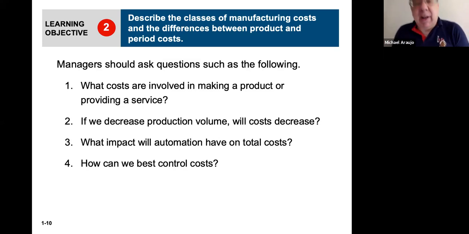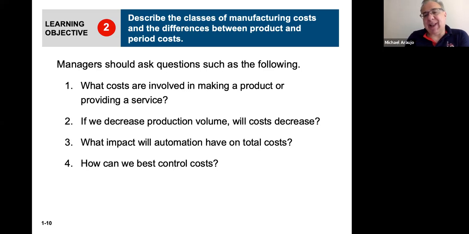So managers have a lot of questions, okay? One of the questions they'll have is they have to track the cost of a product. So what costs are involved in making something is one of the big questions that they have. If I produce more of it, will the costs go up or down?